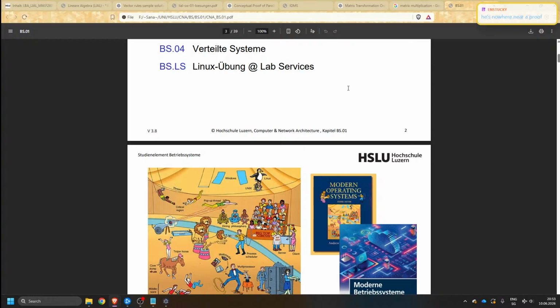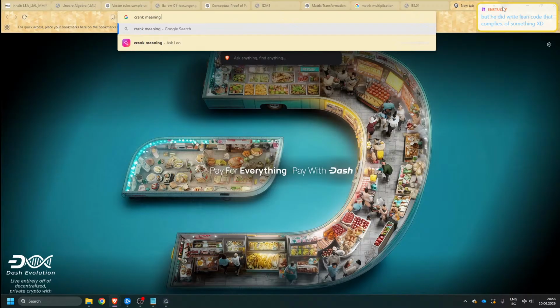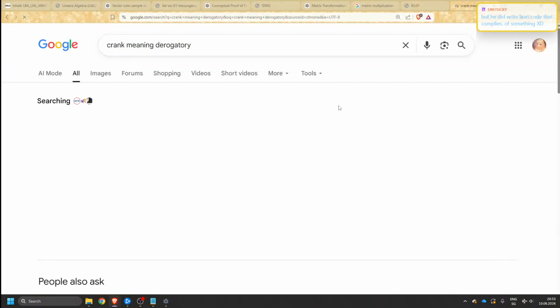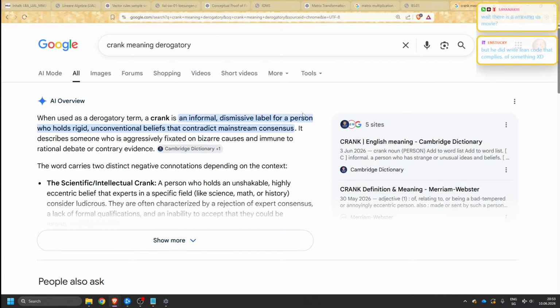So you didn't get nerd sniped. Or wait, is crank a term for like an idiot? Wait. Maybe I. Holds rigid, unconventional beliefs that contradict mainstream consensus.